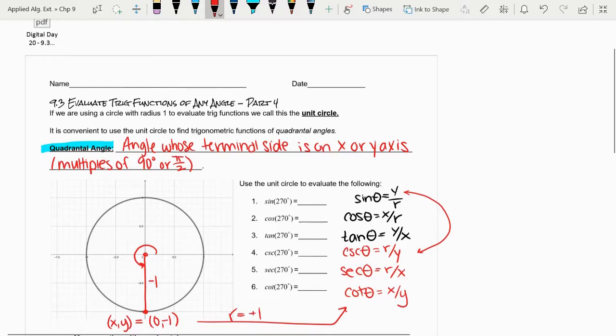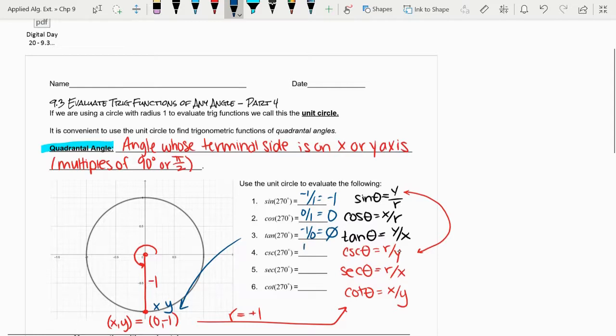So I'm just going to go right down my list using these x and y. For sine, y over r, y is -1, r is 1. So that's -1. Cosine is x over r. Well, x is 0, r is 1, so that's 0. Tangent is y, which is -1, over x. Well, we've got -1 over 0, can't have a 0 in the denominator, so no solution.